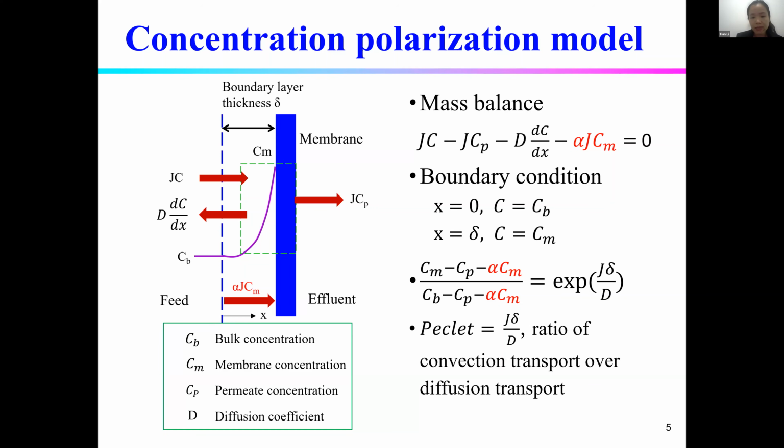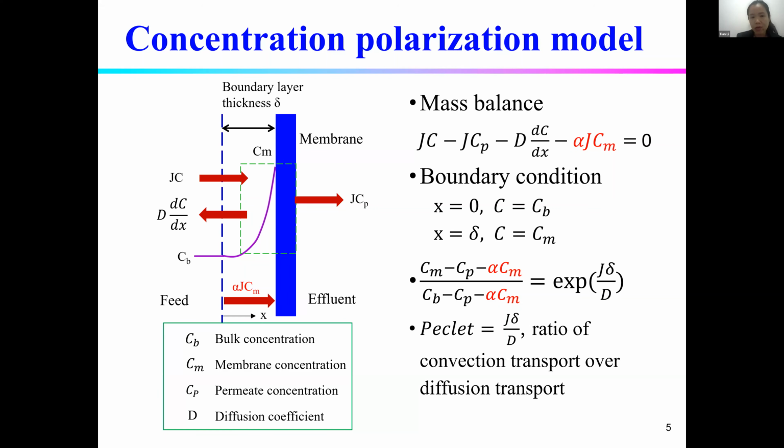In this part, we improve the conventional concentration polarization model, and we increase the Peclet number, which is the ratio of convection transport over diffusion transport.